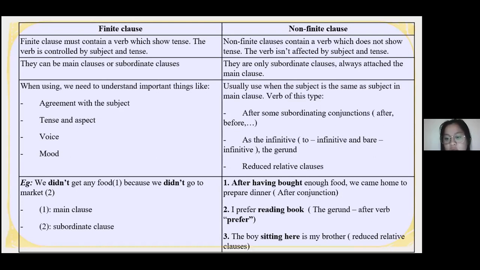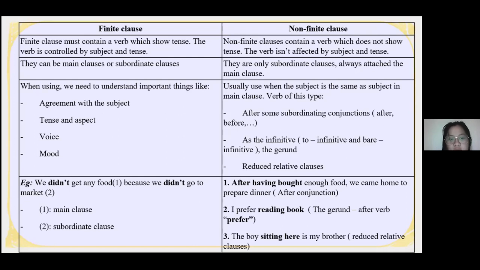A non-finite clause contains a verb which doesn't show tense, and this verb is not affected by subject and tense. The second difference is that a finite clause can be a main clause or a subordinate clause, but a non-finite clause is only a subordinate clause, and it is always attached to the main clause.